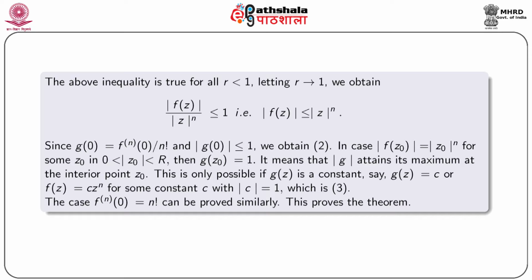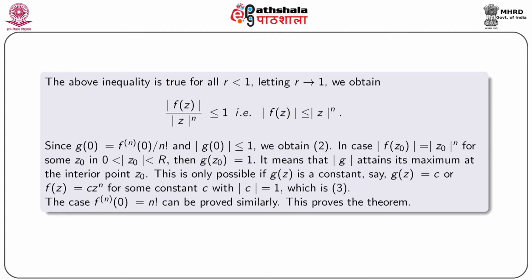In case mod f(z0) equal to mod z0 to the power n for some z0 in 0 less than mod z0 less than R, then mod g(z0) equal to 1. It means that mod g attains its maximum at the interior point z0.